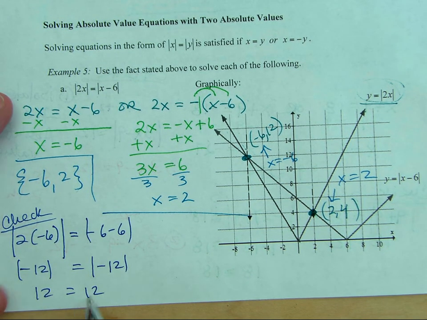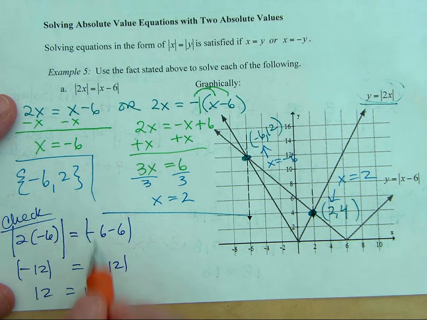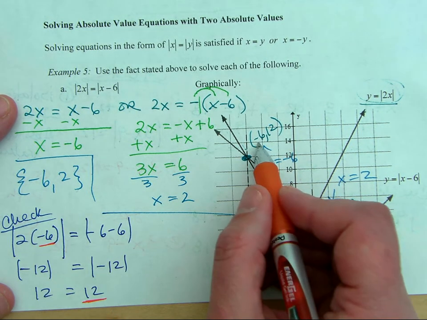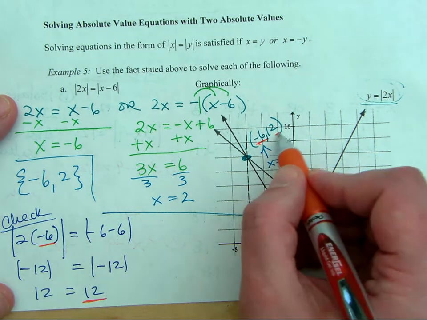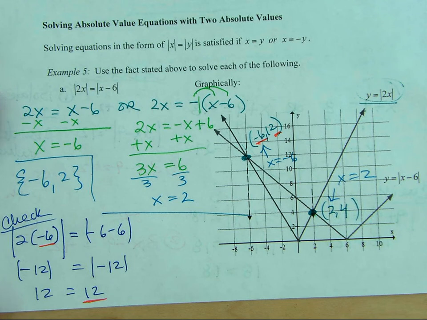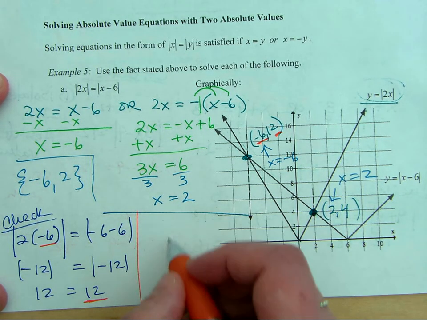Now, actually, you might notice that 12, right? Check it out. When you plug in x is negative 6, there's your x, you get y is equal to 12. So that ordered pair tells you the x that was the solution, and it tells you the y, which is what you get when you check it. Now I'm going to check the other one algebraically.